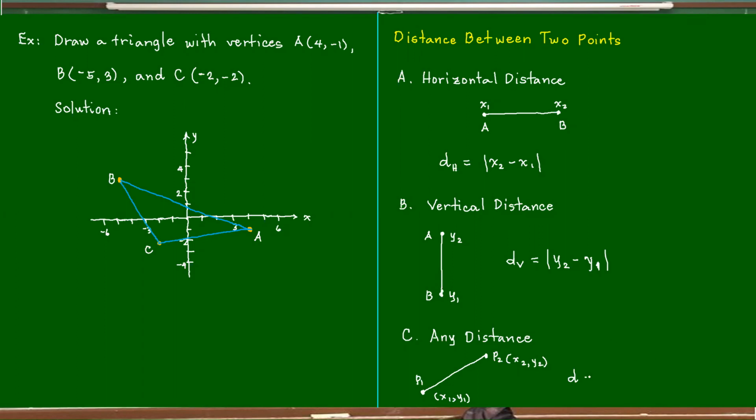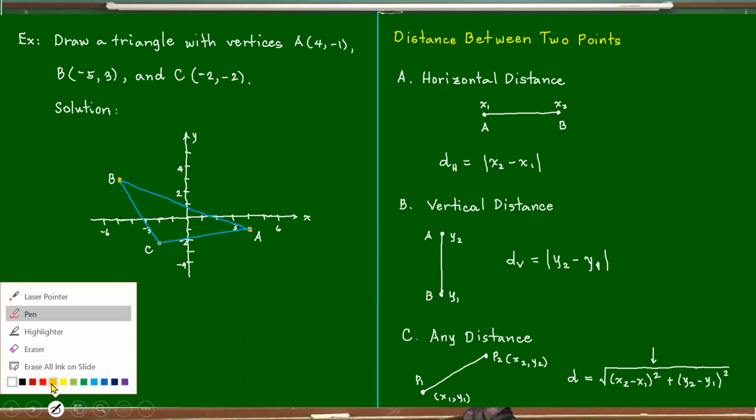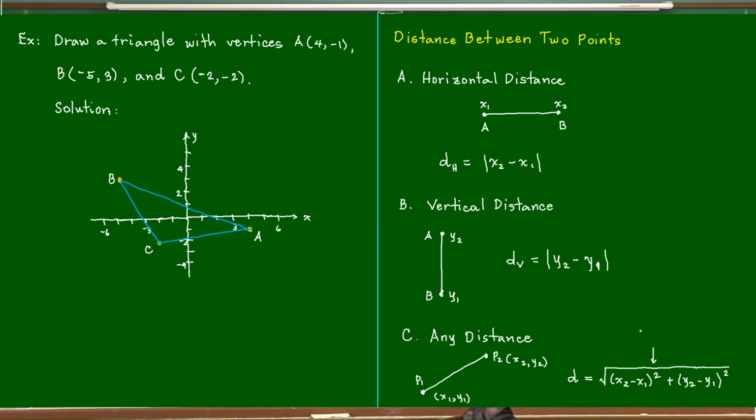And you will come up with this formula: square root of (x sub 2 minus x sub 1) quantity squared plus (y sub 2 minus y sub 1) quantity squared. Get it, children? That is called the distance formula.